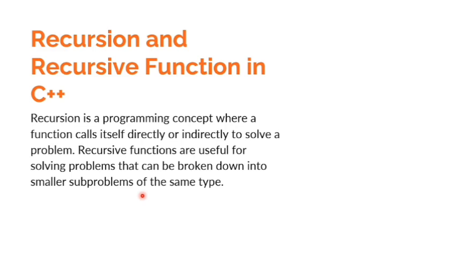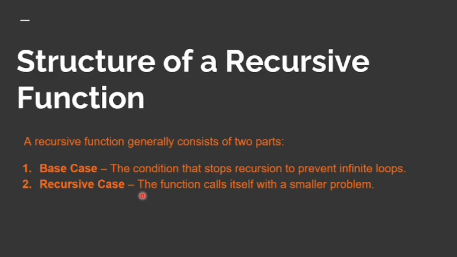We solve each chunk, and after solving the chunks, we get the desired answer. This is recursion and the recursive function in C++. Recursion is the method, and a recursive function is a function that we create in C++ to perform that recursion.